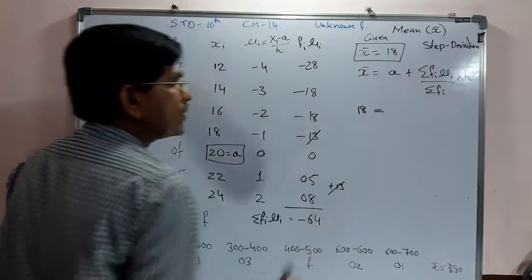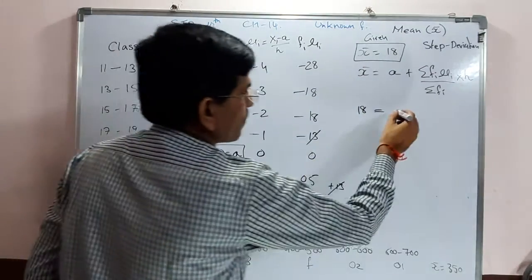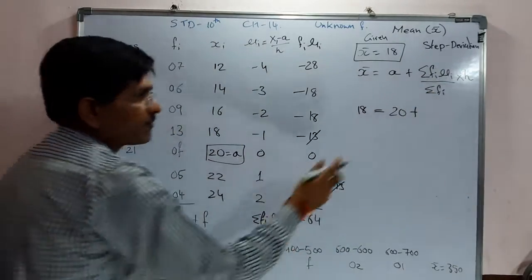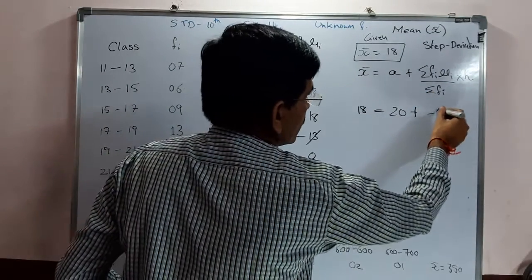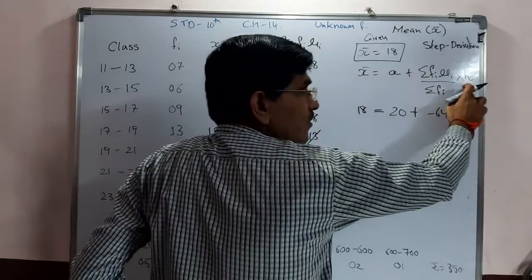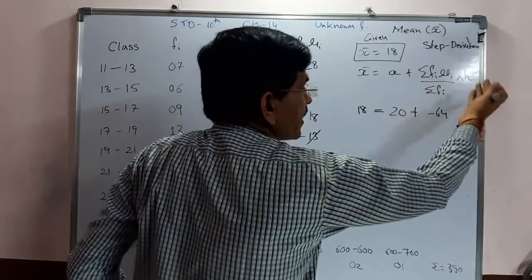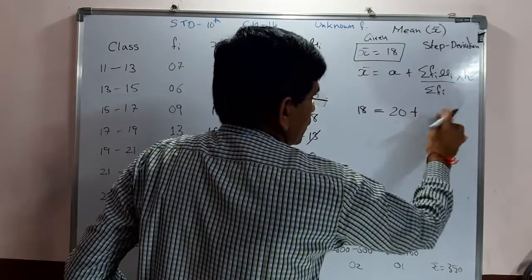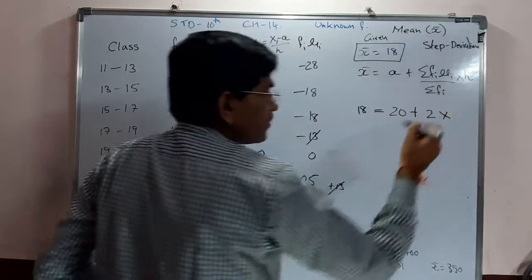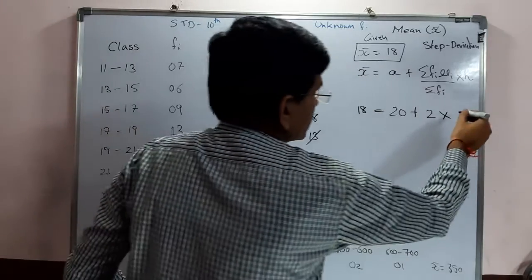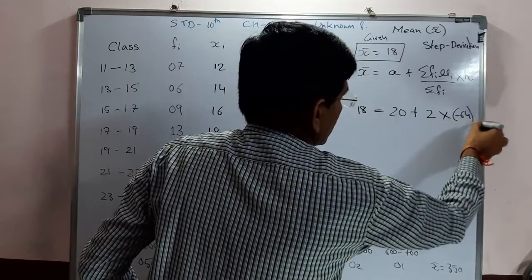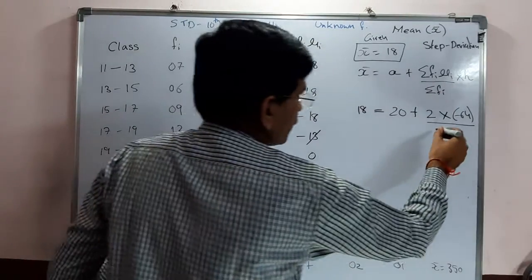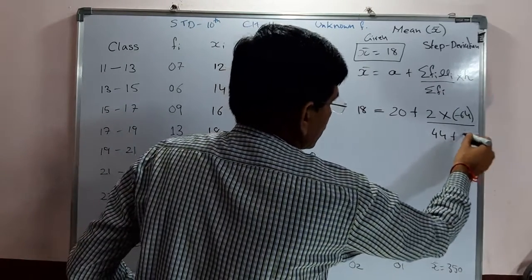Is equal to a, that is 20, plus h times sigma fi ui, that is minus 64. This h I am using; we can also use it in front of fi ui, we can also use it to multiply them. So minus 64 upon sigma fi, 44 plus f.